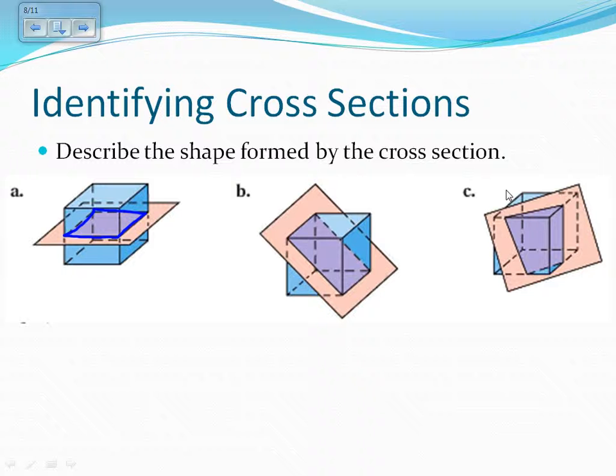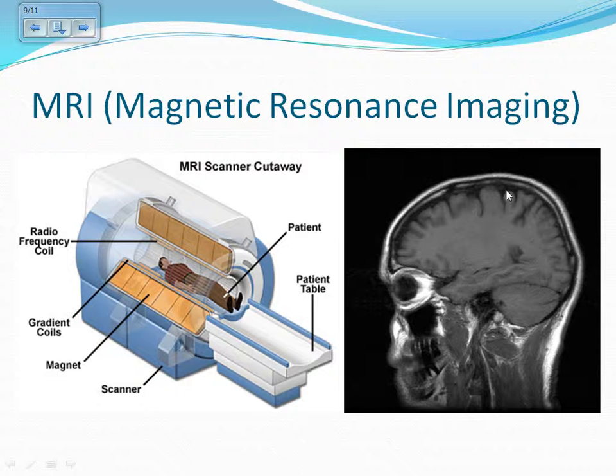Here's the cool part of cross sections. They're used all the time in medicine. Have you guys heard of an MRI? An MRI looks like this. You get on a table, it slides into this big circular thing, and it's kind of scary when you're in there. But these things are giant magnets.